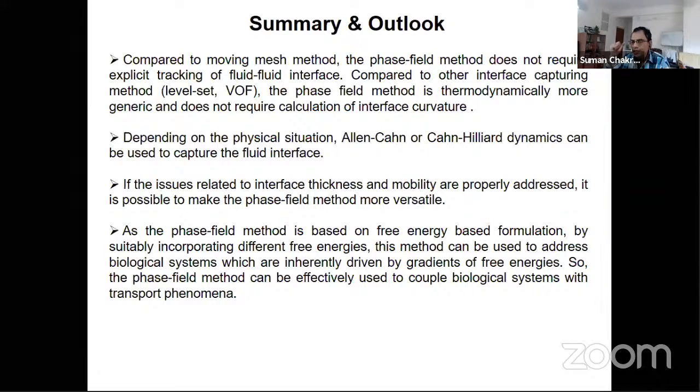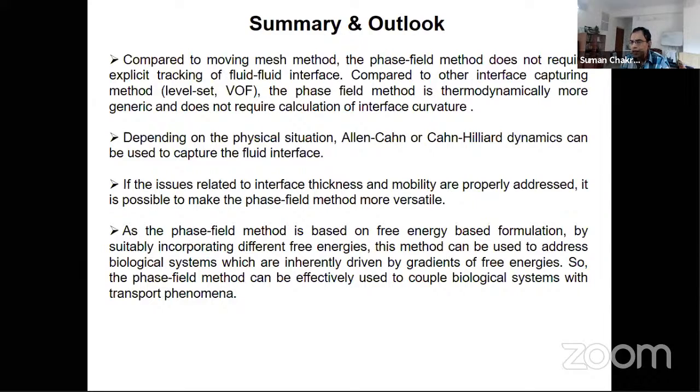So with all these examples, what we can summarize is that the phase field model, or the phase field method implemented in the form of a CFD model, is thermodynamically very rich.